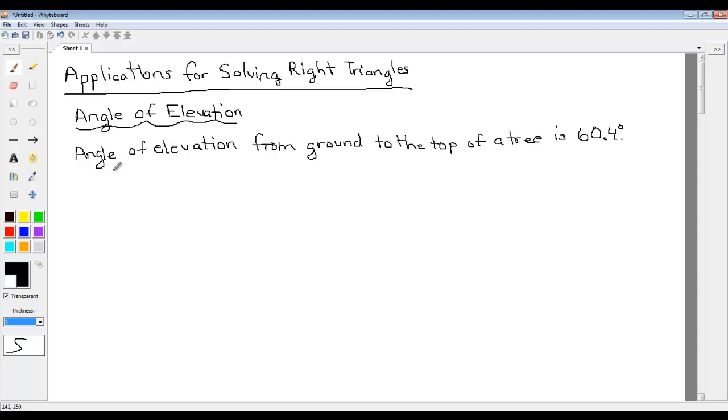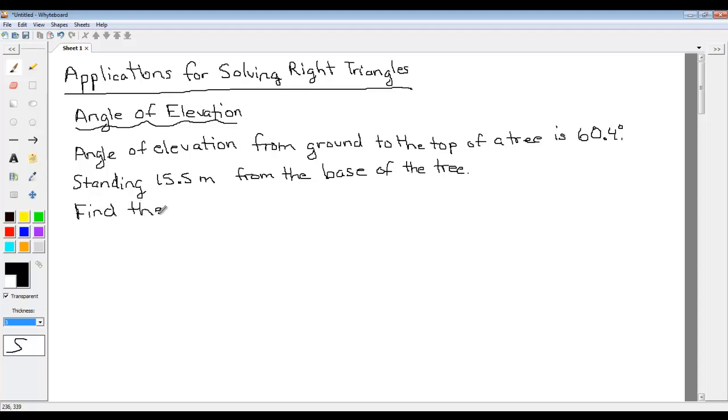Then the distance from the base of the tree is 15.5 meters. So you can say maybe you're standing 15.5 meters from the base of the tree. And we want to find the height of the tree.